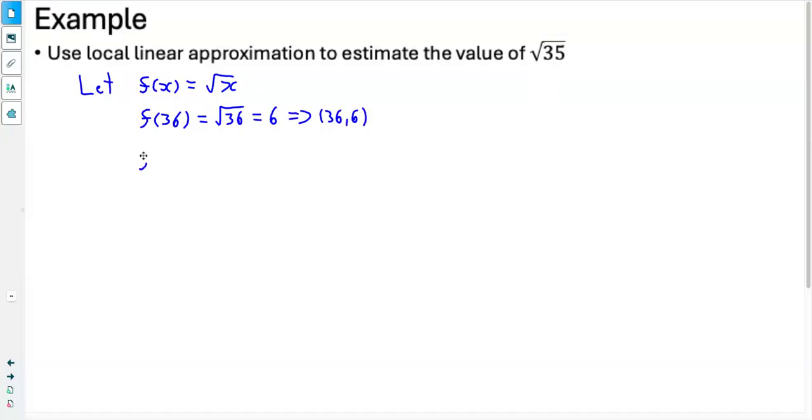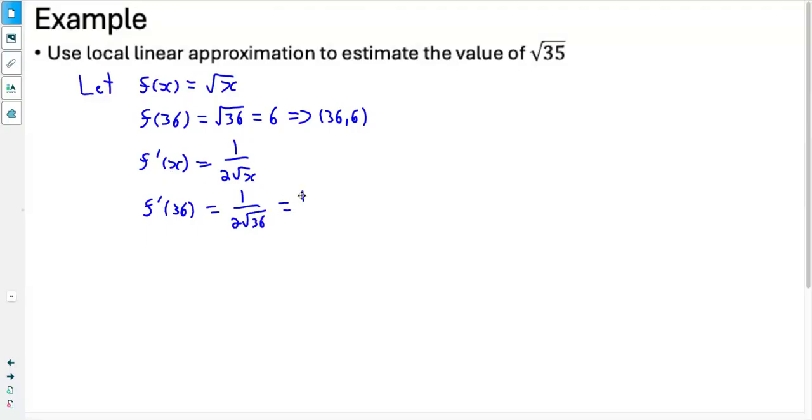Now, if we take f prime of x, we know the derivative of the square root of x is 1 over 2 root x. So we'll look at what our value of this is when our x value is 36. So we've got f prime of 36 is equal to 1 over 2 times the square root of 36.